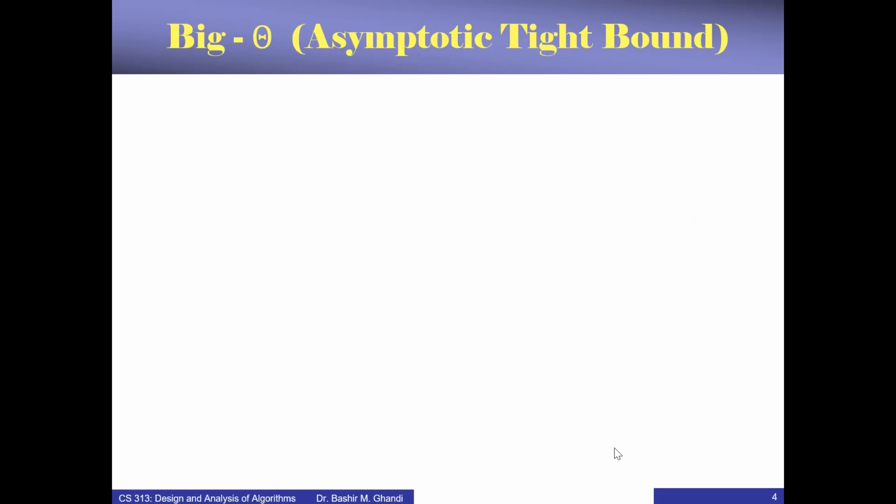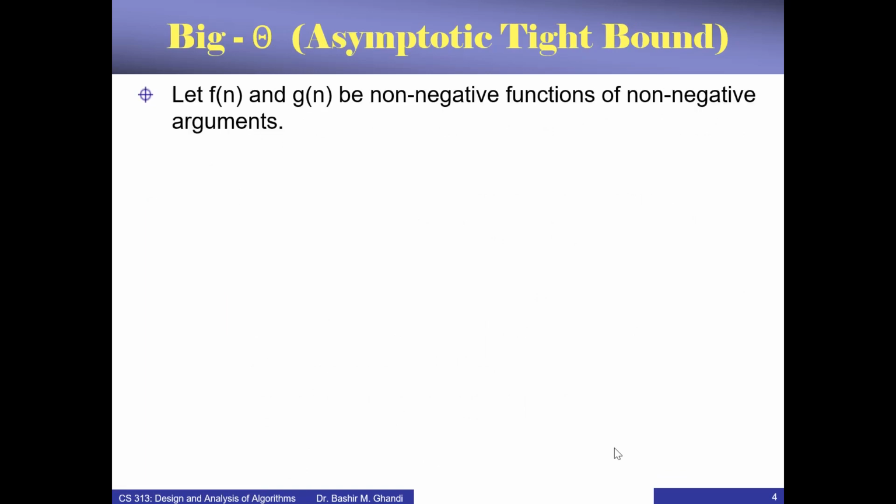So let's start with big theta. What is big theta? This is the formal definition. It says let f(n) and g(n) be two non-negative functions of non-negative arguments. What do we mean by non-negative functions?